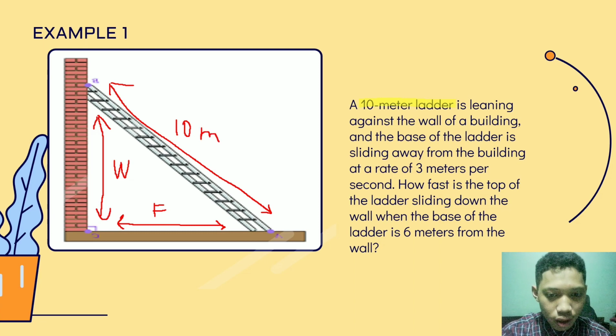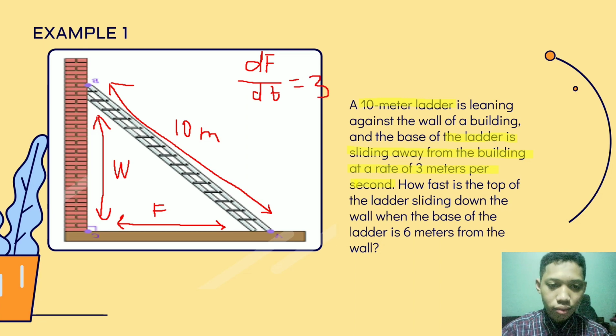and for this sentence, the ladder is sliding away from the building at a rate of 3 meters per second. We know that this is df over dt equals 3.